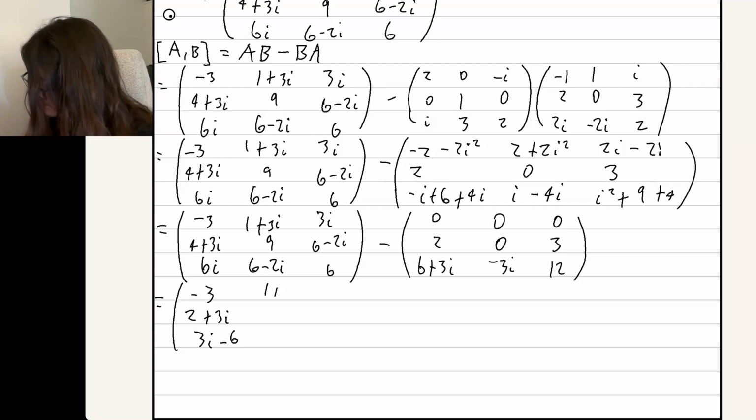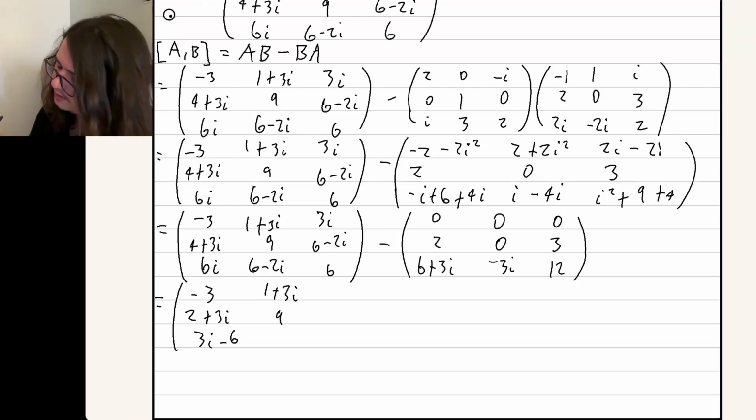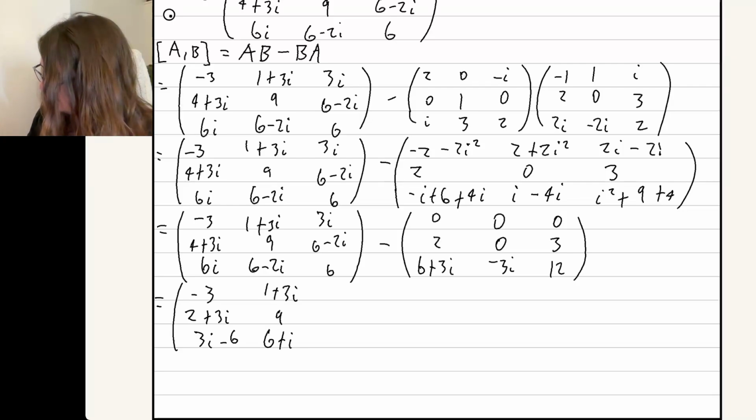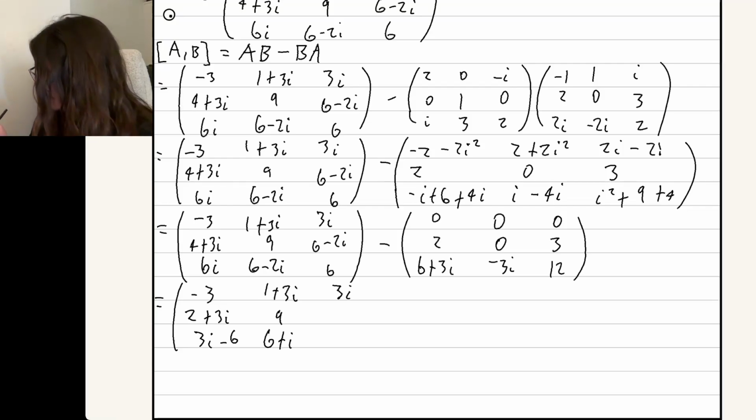We've got 1 plus 3i. We've got 9. 6 minus 2i plus 3i is going to be just 6 plus i. Then we got 3i. Then we got 6 minus 2i minus 3. So 3 minus 2i. 6 minus 12 is minus 6.